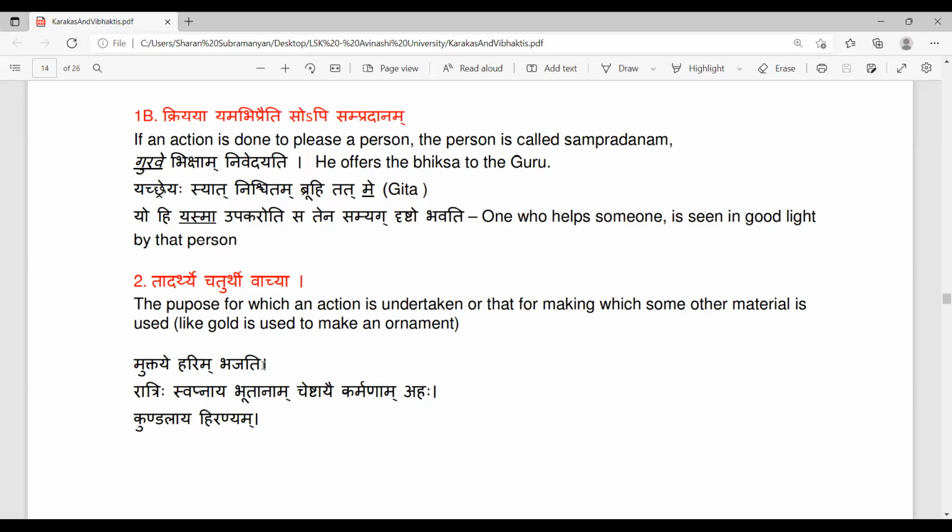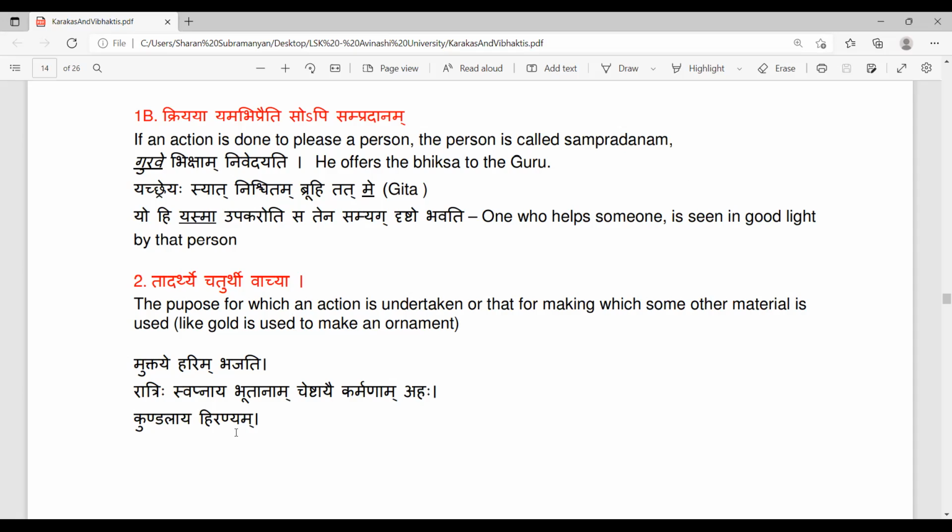So therefore, the purpose for which an action is undertaken, or that for making which some material is used, like gold, etc., to make an ornament. Gold is there by which we are going to make an ornament. Therefore, the gold is meant for making ornaments. So that will be Chaturthi Vibhakti. Like Kundalaya Hiranyam.